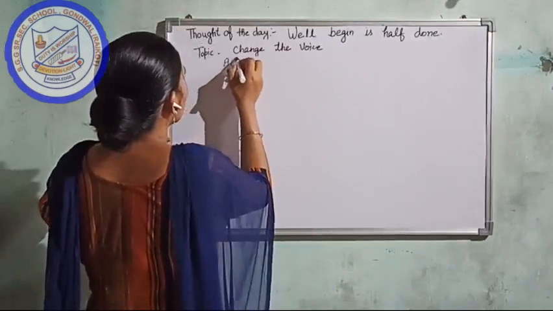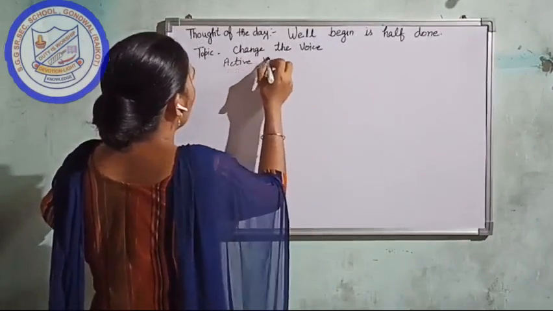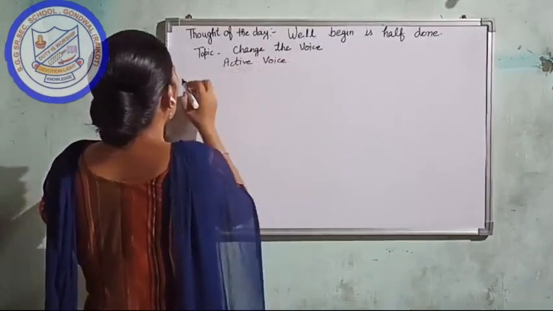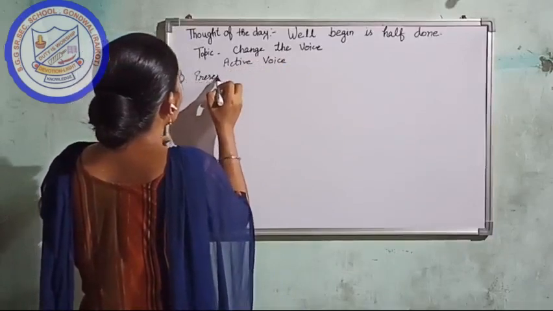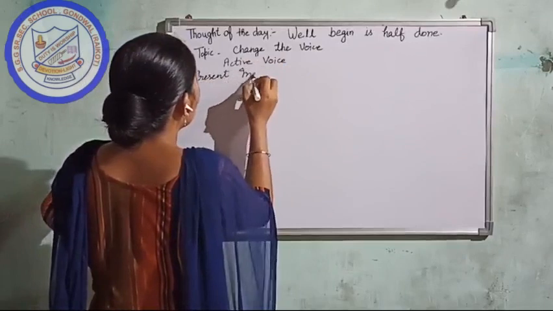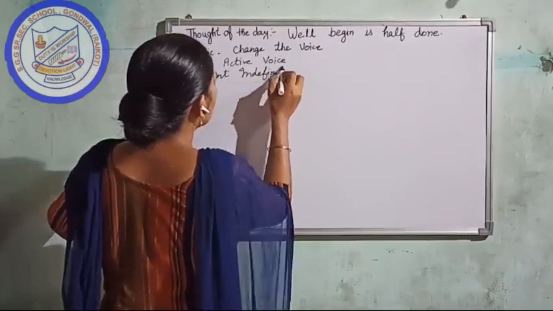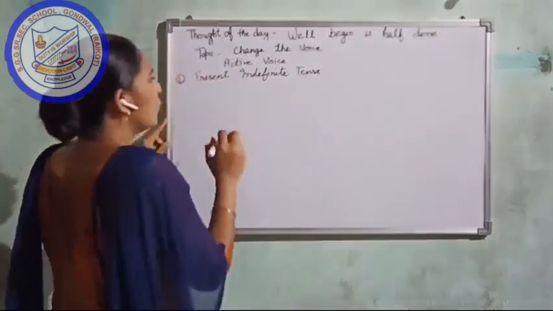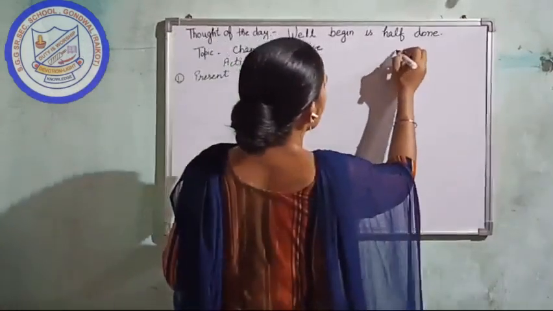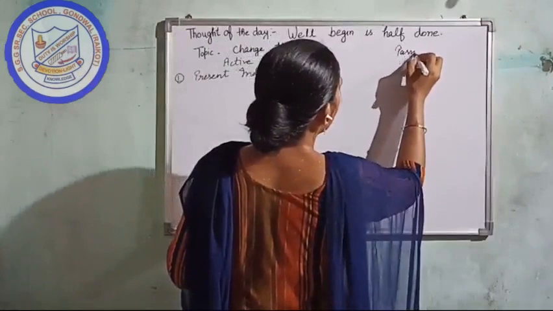In active form, in present indefinite tense, what is the rule of present indefinite tense? Tell me quickly.